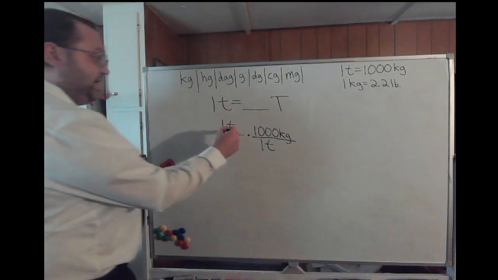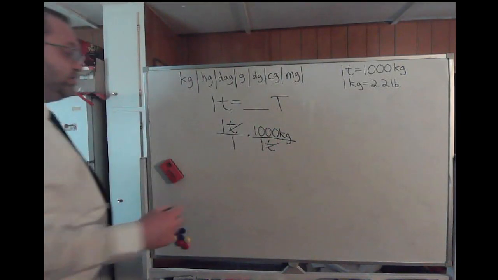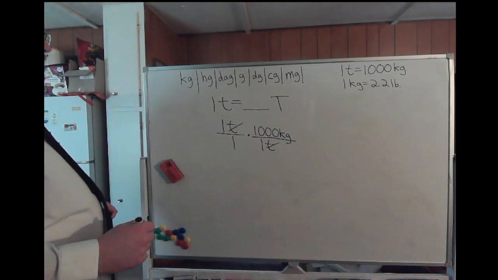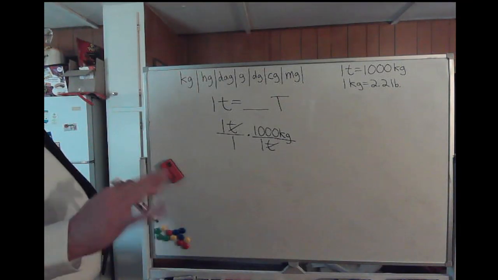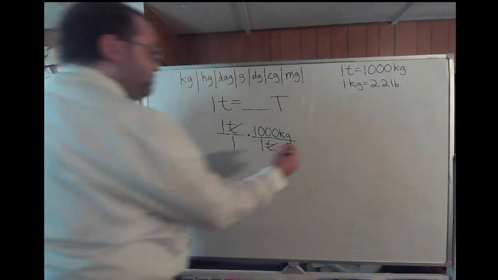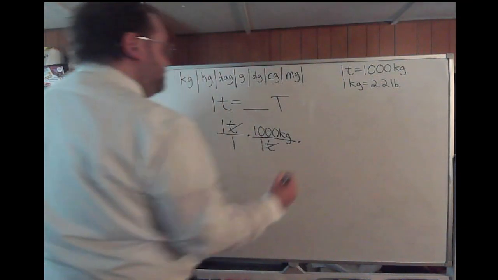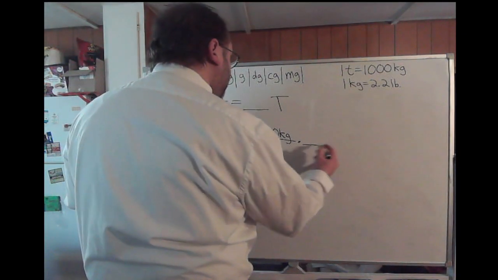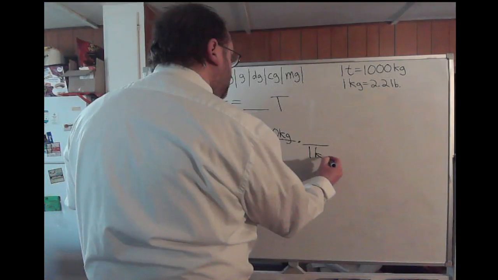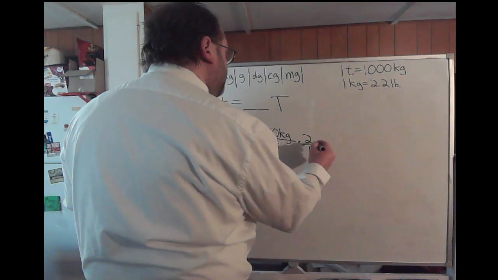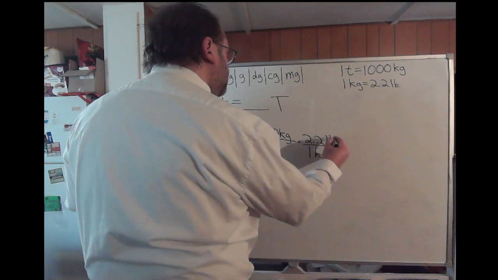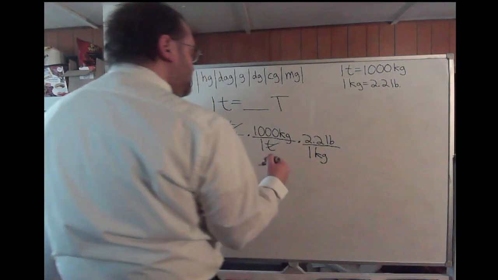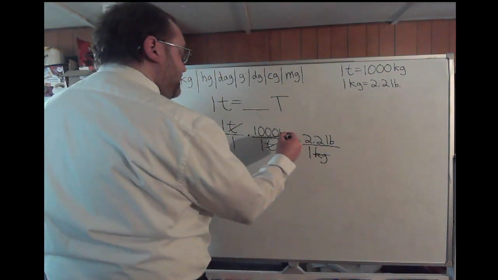So now we can cancel out your metric tons. You have kilograms, but we're going to want to get from kilograms to pounds next. So make sure your kilograms are on the bottom. Use the fact that in 1 kilogram, there are 2.2 pounds. So now your kilograms cancel out, right?